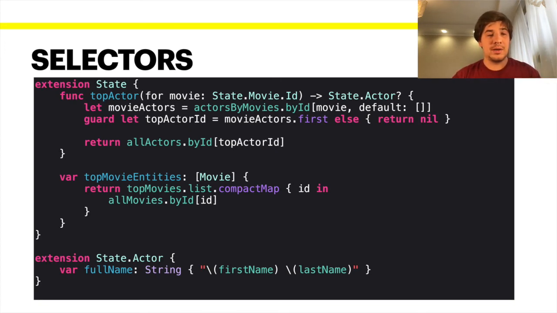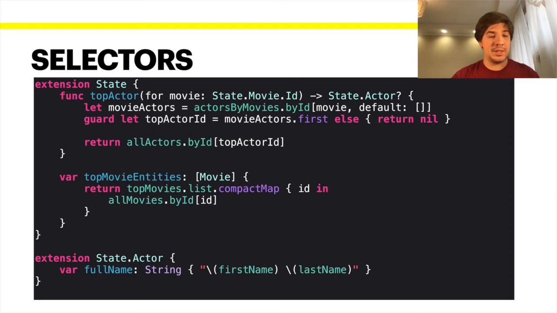For example, a first function can provide you the top actor for some movie. So it will do all the dereferencing, all the accessing, all the chaining of parts together, while you can just call this function. Or for example, top movie entities will do a compact map for the movie by ID and dereference the top movies list to the movie by ID.